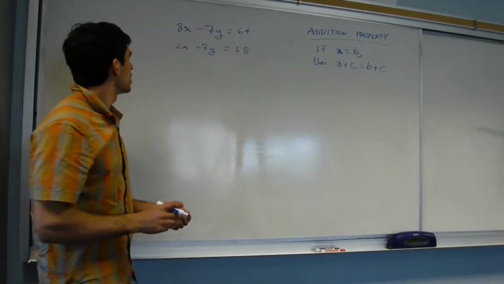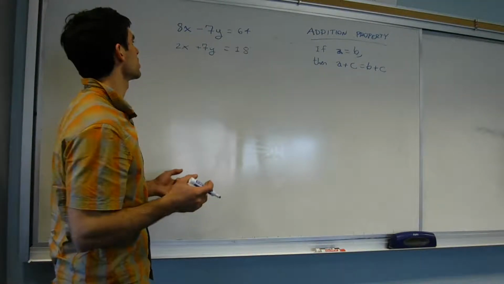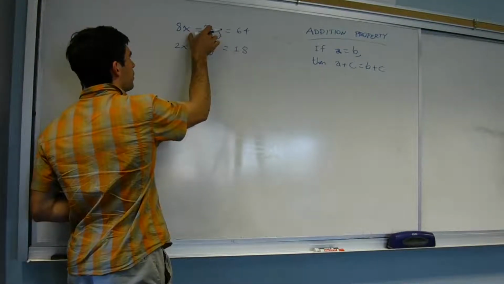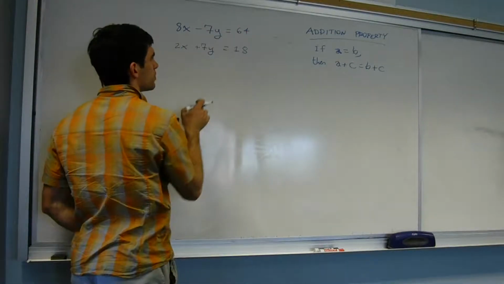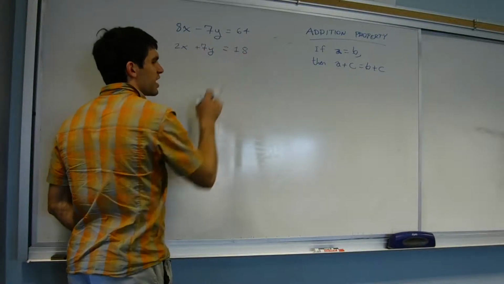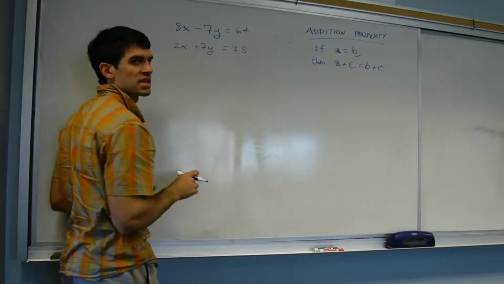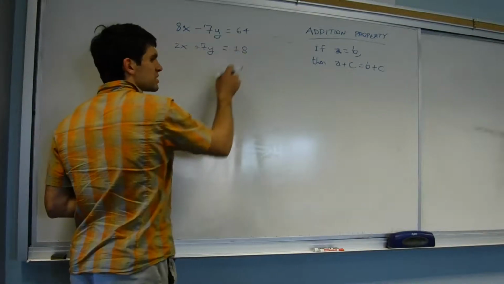So what that tells us in this situation is if this is equal to this, and this is equal to this, then that means that this plus this has to be equal to this plus this.